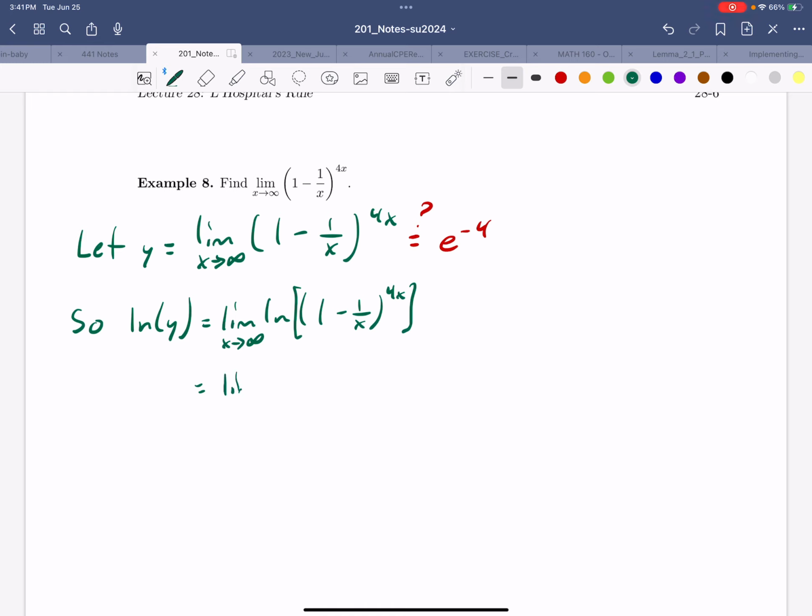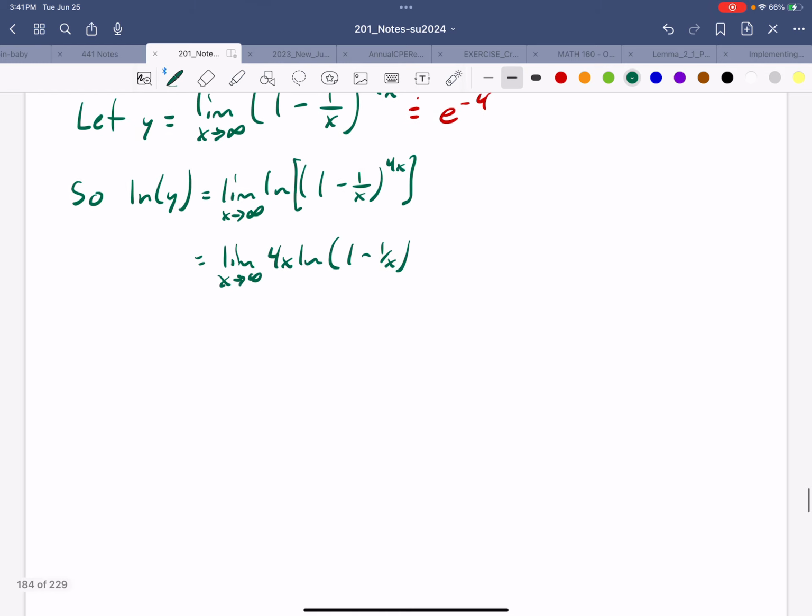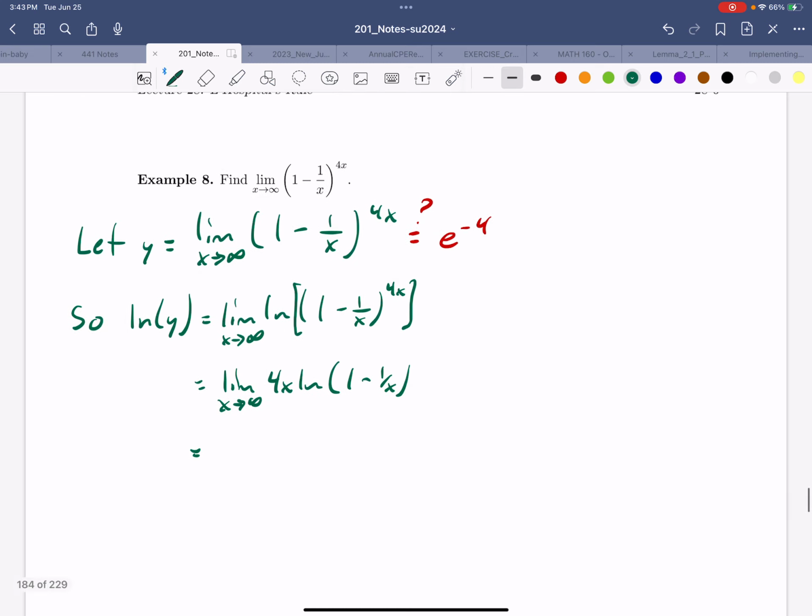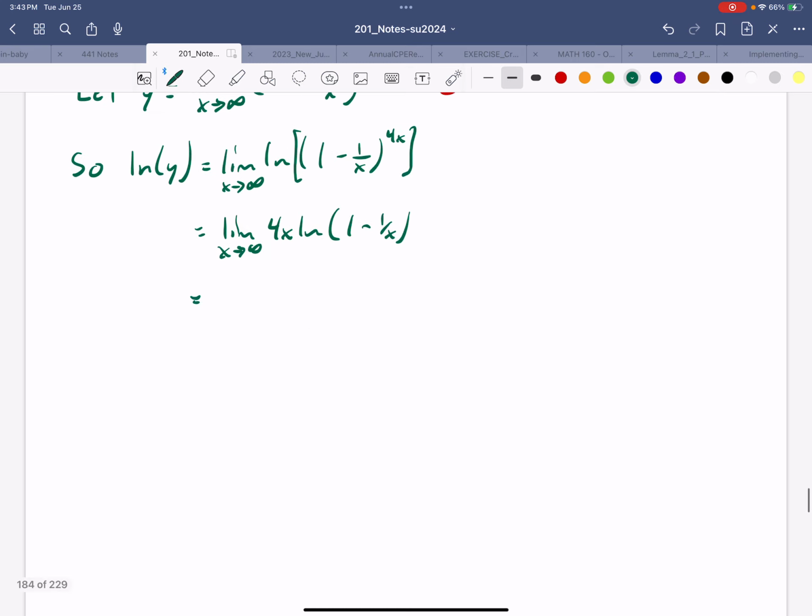And this equals the limit as x approaches infinity of 4x ln of 1 minus 1 over x. By the way, I should have mentioned we had 1 to the infinity if we tried to plug it in. At this point, we have infinity times 0.